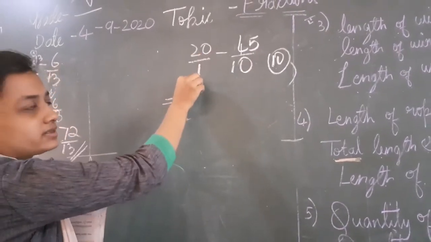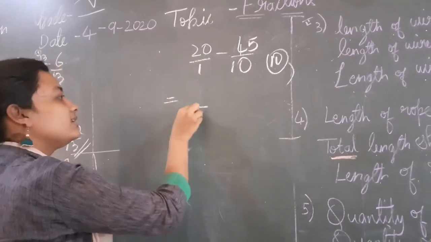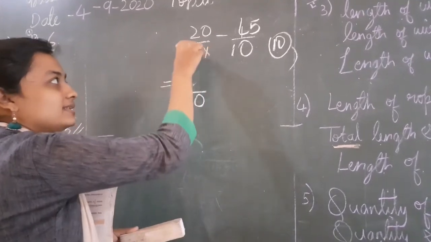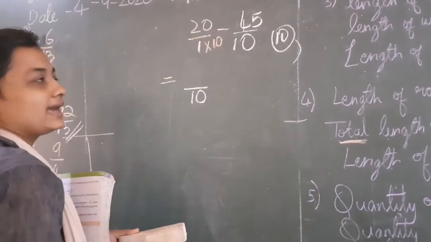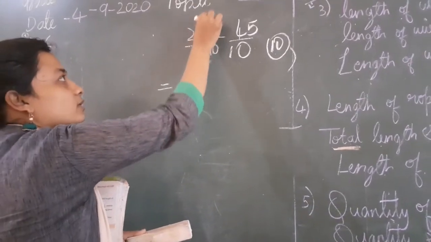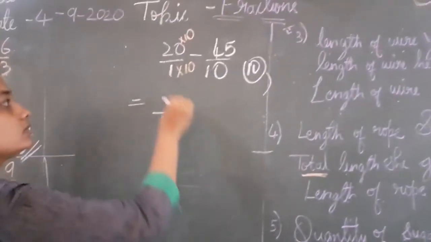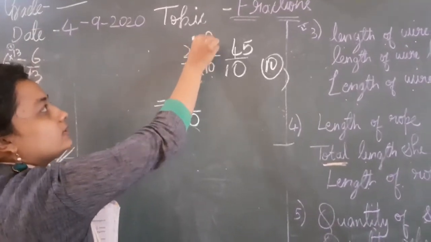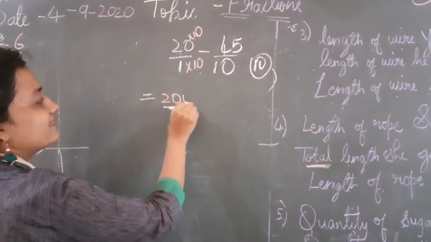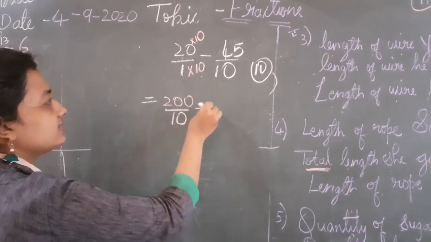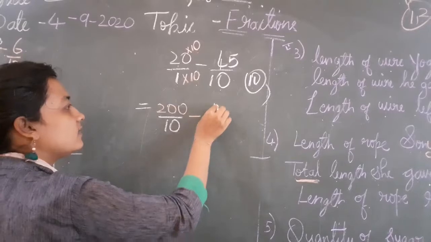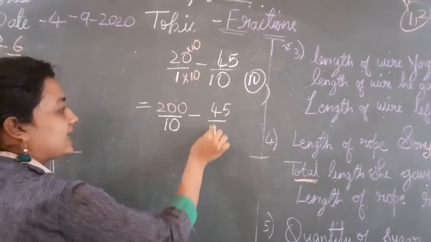Let's convert the first fraction. I should have denominator 10. So, I have to multiply this 1 with 10 and multiply the numerator also with 10. So, 1 tens are 10, and 20 into 10 is 200, minus. I have the same denominator, so I just write 45 by 10.